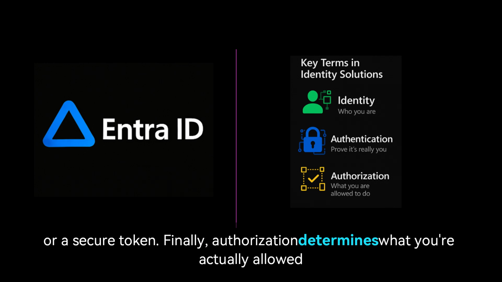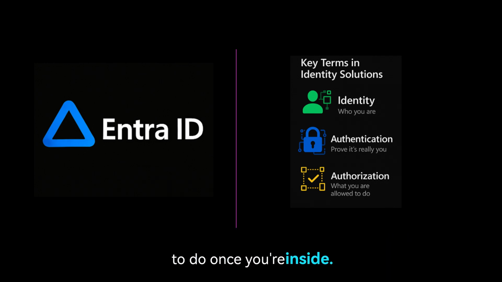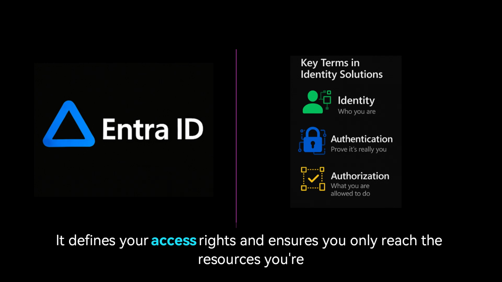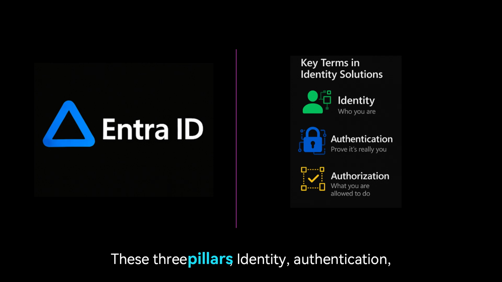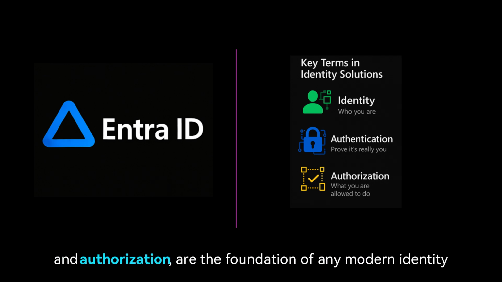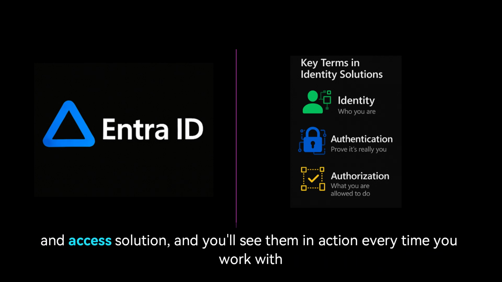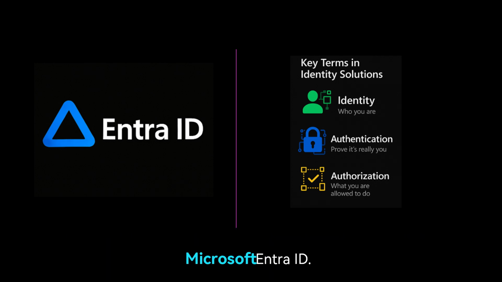Finally, authorization determines what you're actually allowed to do once you're inside. It defines your access rights and ensures you only reach the resources you're meant to. These three pillars, identity, authentication, and authorization, are the foundation of any modern identity and access solution, and you'll see them in action every time you work with Microsoft Entra ID.